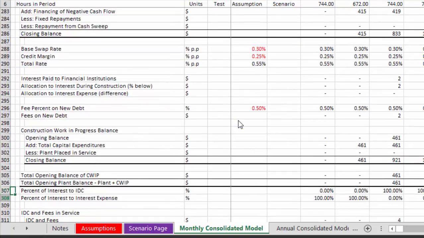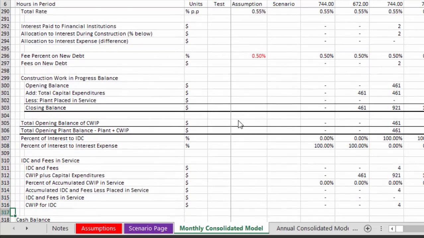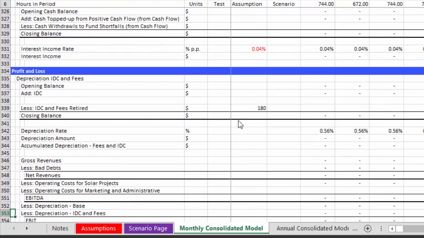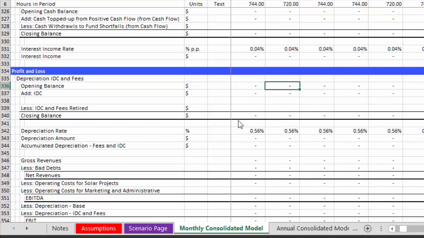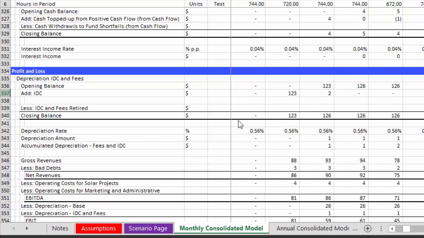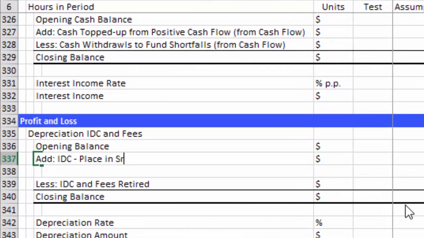And then once we have that, we can allocate this. Now the problem was we computed depreciation on this IDC, which was a painful kind of thing to do. And when we added IDC, this should have been IDC placed in service, and not just the IDC we took.